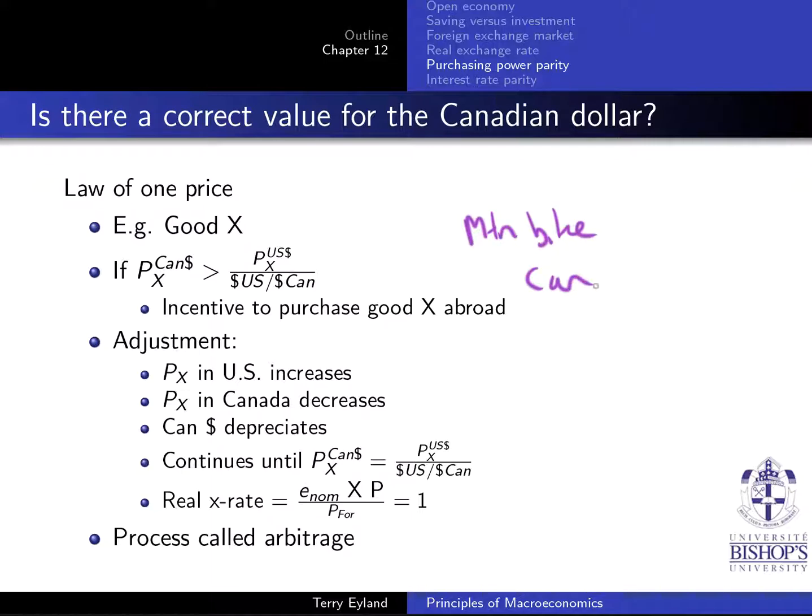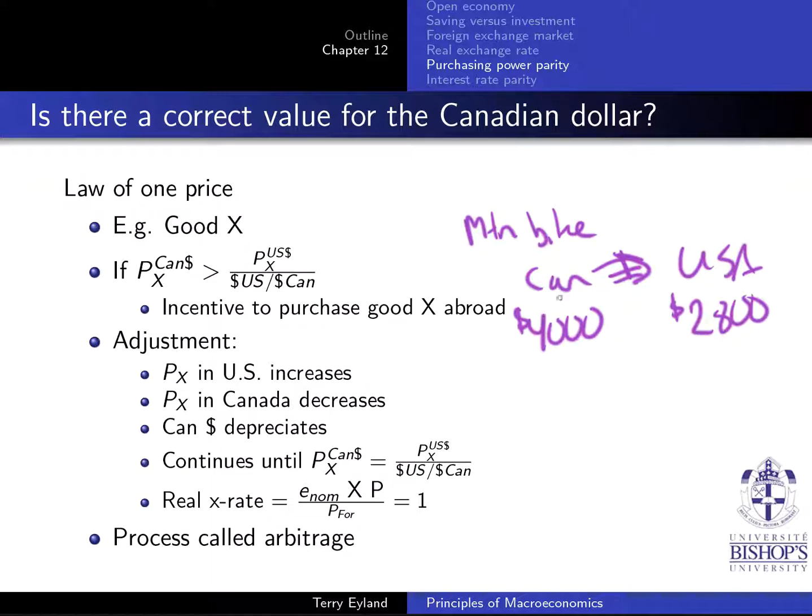Here this is Canada and this is the USA. If it's much more expensive here, say that same mountain bike is 4,000 Canadian here, and adjusted for exchange rates it's 2,800 over there, and we're talking about the same thing, then more and more people will go to the States to buy their bikes. What's going to happen?